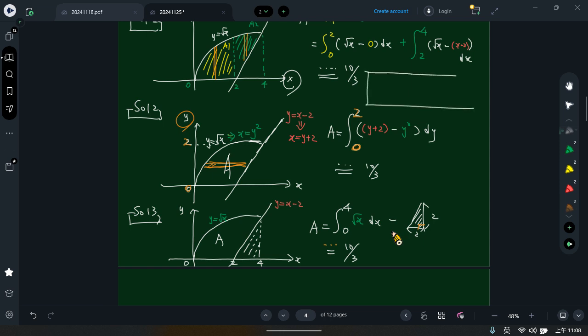Okay, so this is section 6, and also the last part for chapter 5.